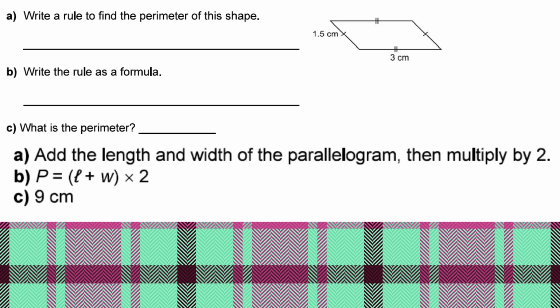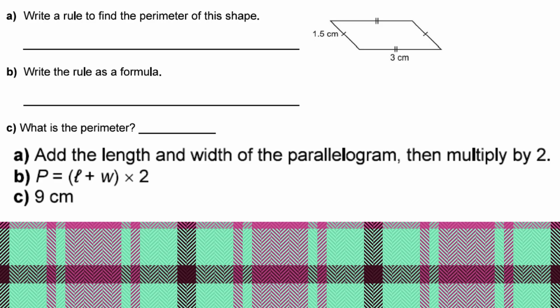The formula we would use would be a capital P equals, in brackets, lowercase l plus lowercase w, which is length plus width. And after we add those two, we then multiply by 2.